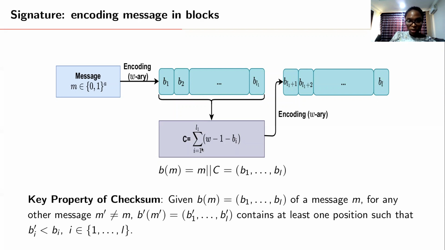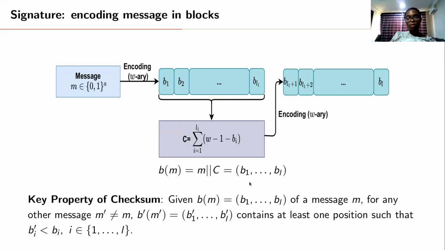We also encode the checksum in L2 blocks, so that in total we have L blocks, which are also encoded in omega-base representation. Finally, our message is the concatenation of the first blocks and the blocks coming from the checksum.